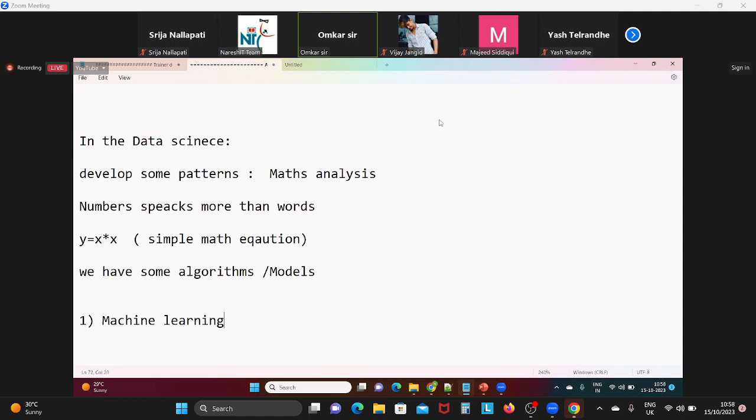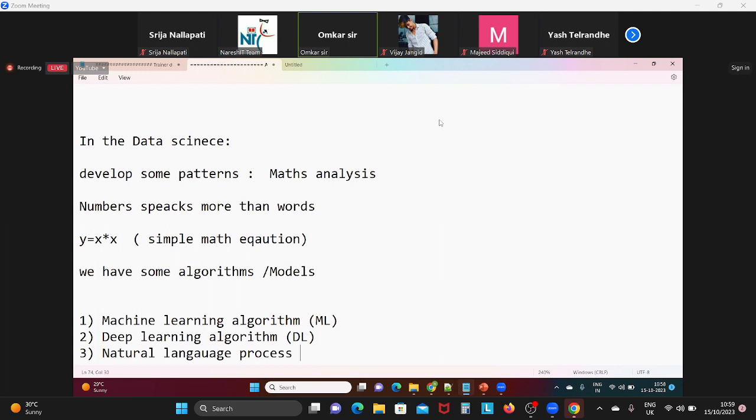The second is deep learning algorithm. And the third one is natural language processing. As a shortcut, people call them ML, DL, and NLP.